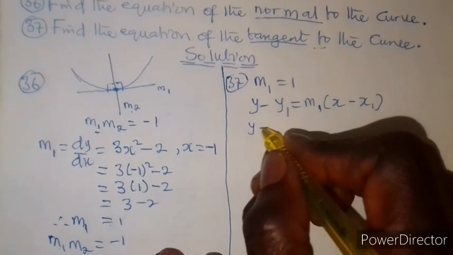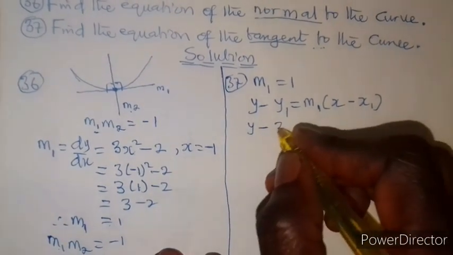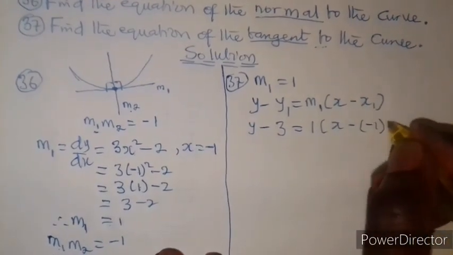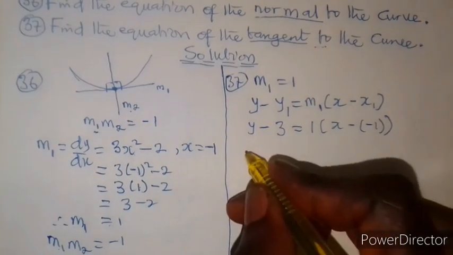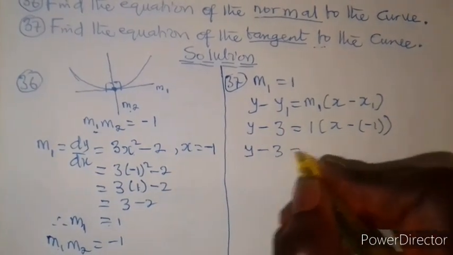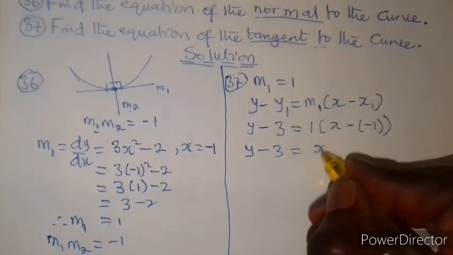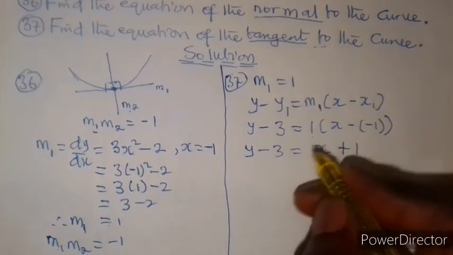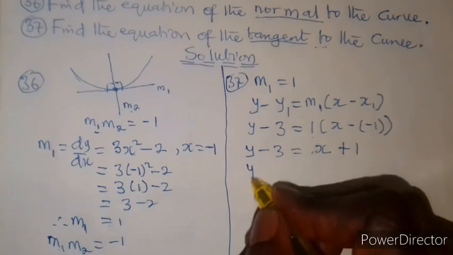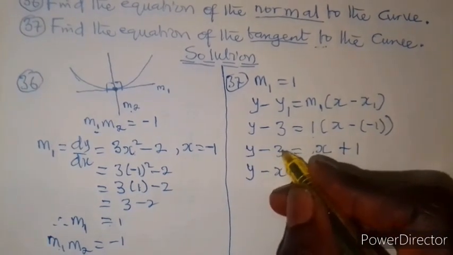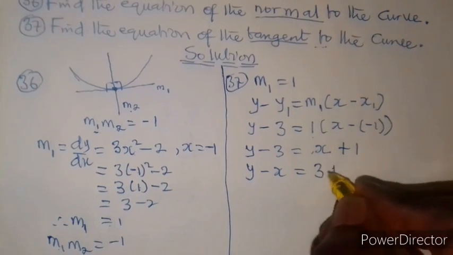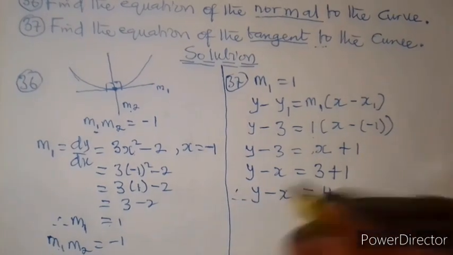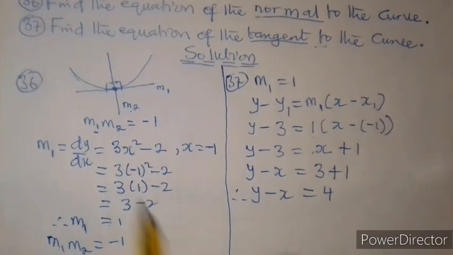So here will give us y minus, the value for y we already know to be 3, equals 1 multiplying the bracket x minus (minus 1). Now we are going to write this as y minus 3 equals, if we use 1 to multiply x, it gives us x, minus times minus is plus, and 1 times plus 1 is plus 1. So moving this x to this side, we have y minus x equals, move your minus 3 to this side, it gives you plus 3 plus 1. So definitely we have y minus x equals 4. And this is going to give us the answer to the second question.